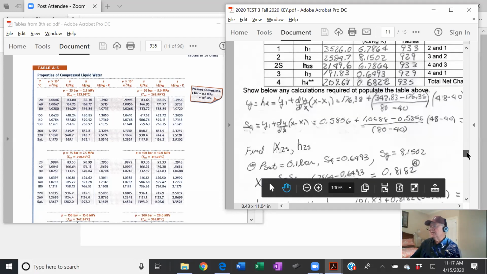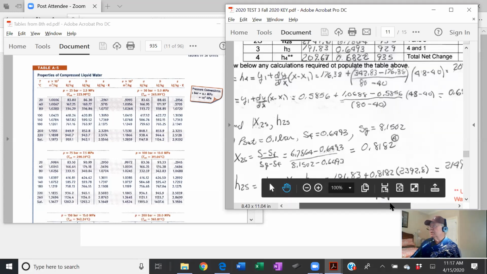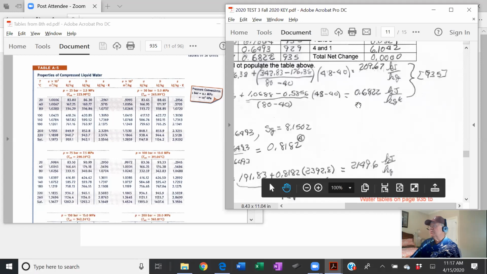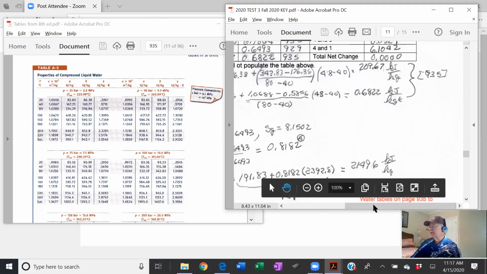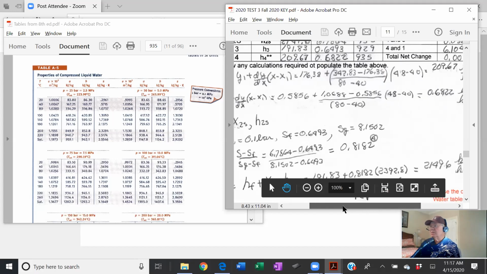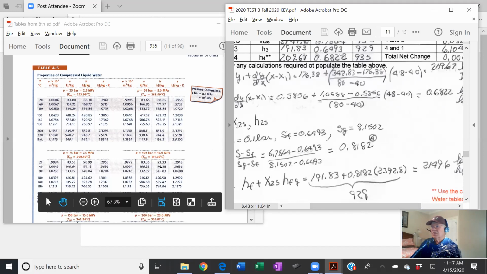And if I calculate that, I get H, and I did the same calculation for entropy, same interpolation. Interpolating, I got 209.67 for H, and 0.6822 for S, because S is given in this same table. There's so much graduation here, 40 degrees, then it goes to 80.